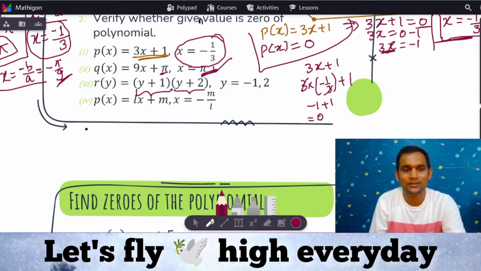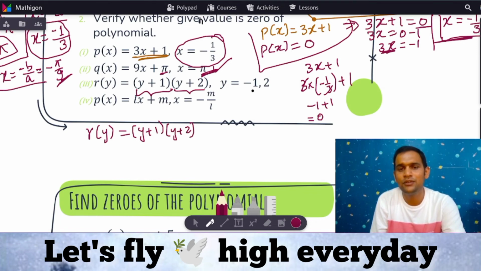So over here, as you can see, r of y is given to be y plus 1 multiplied by y plus 2. Now, if we substitute minus 1, so minus 1 plus 1 times y plus 2, or instead of y we have substituted minus 1, right? So this becomes 0 times minus 1 plus 2, which is 1.